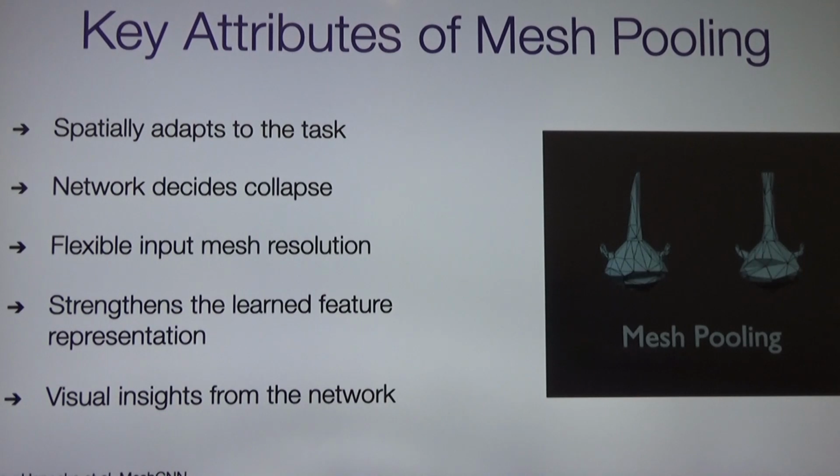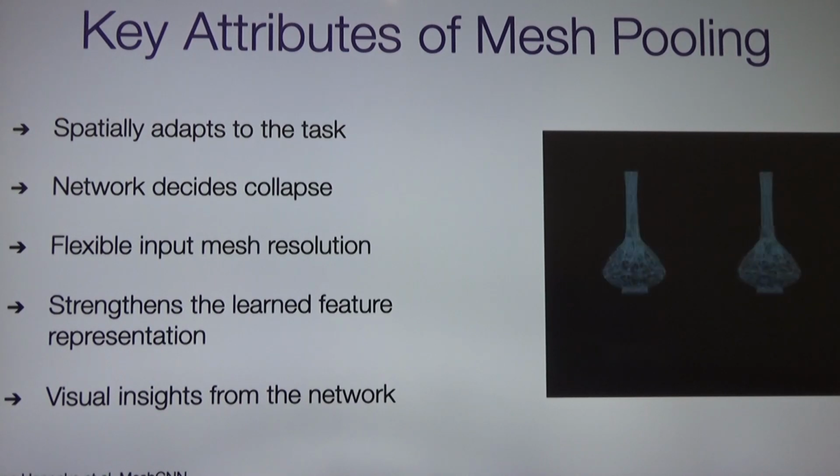An interesting thing about mesh pooling is that it actually spatially adapts to the task. What it means is that it leaves you only those parts of the mesh that are crucial to the task at hand. For instance, here is a nice visualization where you have part segmentation results.